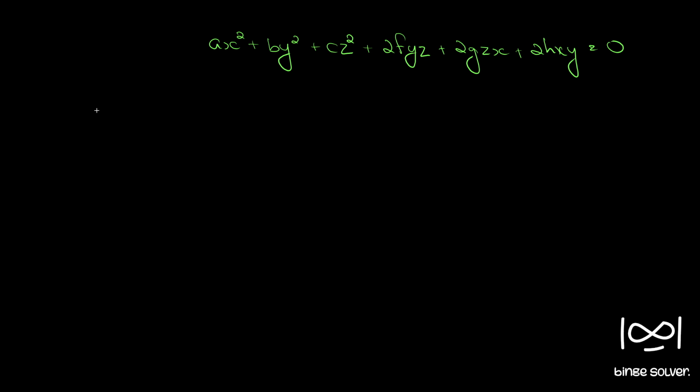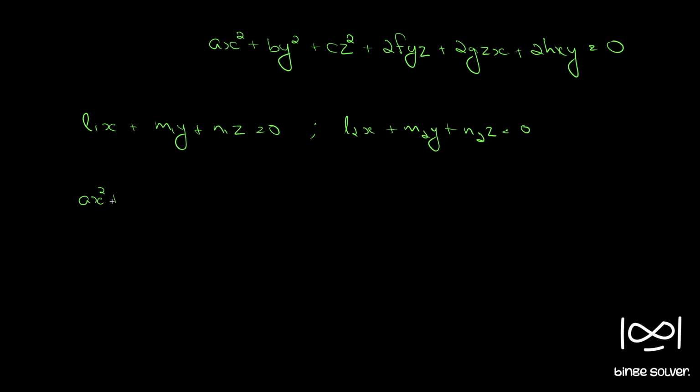Suppose we think about two planes, L1x + M1y + N1z = 0 and L2x + M2y + N2z = 0. Suppose the product of these two planes represents this equation. If that is the case, what does that mean?